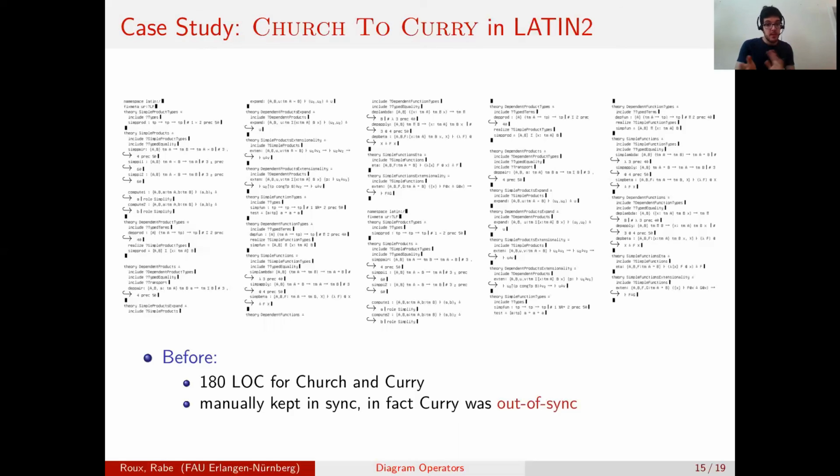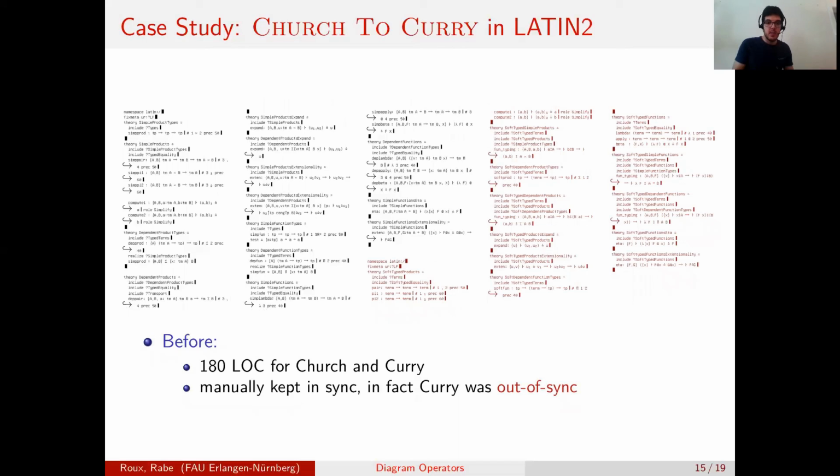And there we had 100 lines for Church and Curry, manually kept in sync. In fact, Curry was out of sync. So you see that with lack of modularity, inconsistency might creep in.